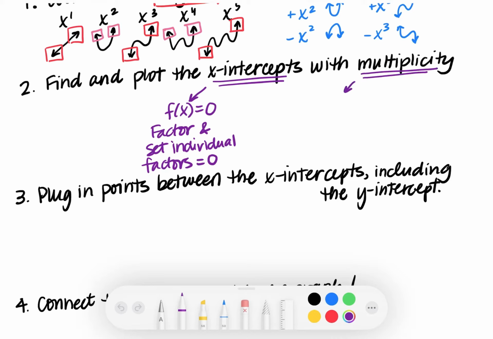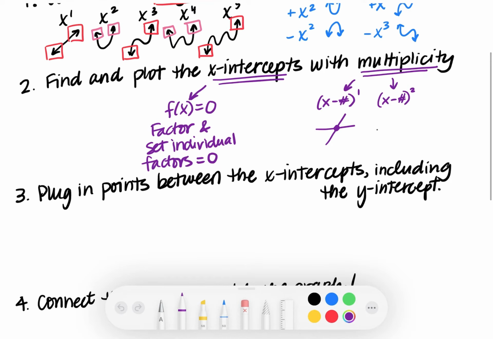If that term, x plus or minus a number, was raised to the first power, we call that a single root, and it's going to pass through the x-axis at that point. If that factor was squared, it's going to behave more like a quadratic, and it's going to bounce off or create this kind of parabolic shape.